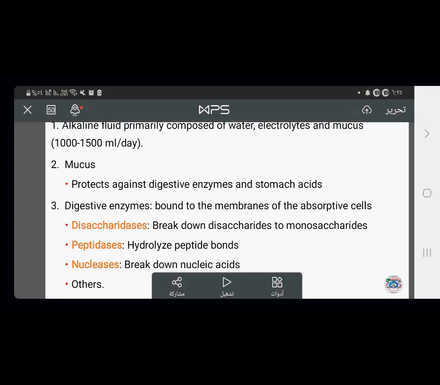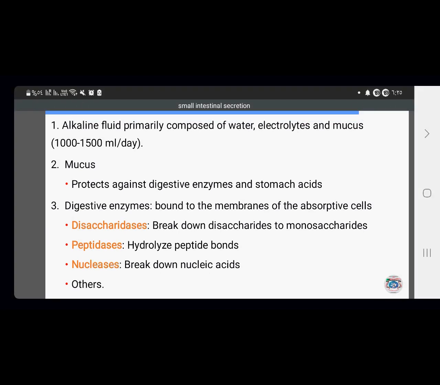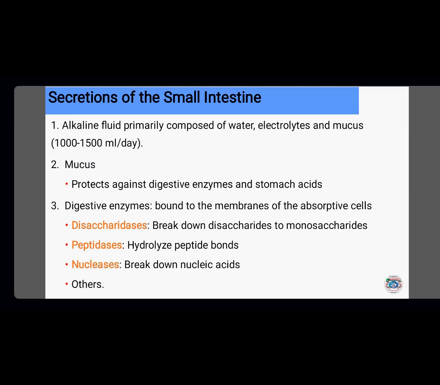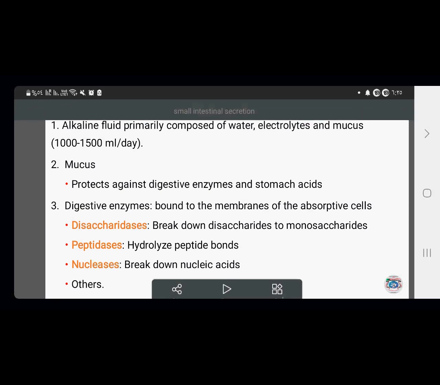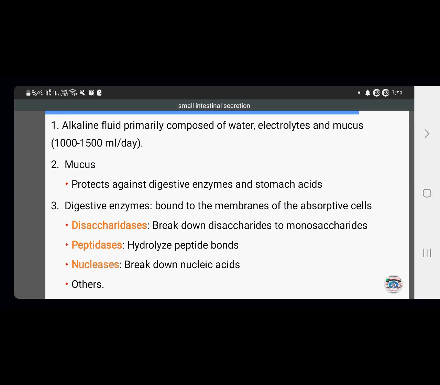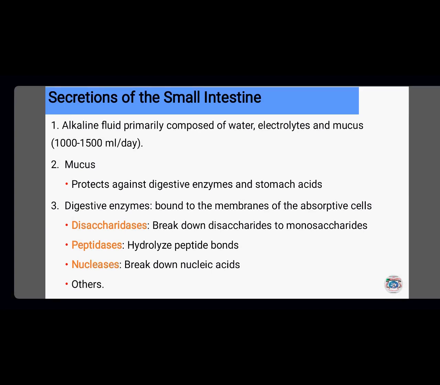Number 2, mucus. The importance of mucus is to protect against digestive enzymes and stomach acids. Number 3, digestive enzymes. They are proteins responsible for the digestion of many foodstuffs.